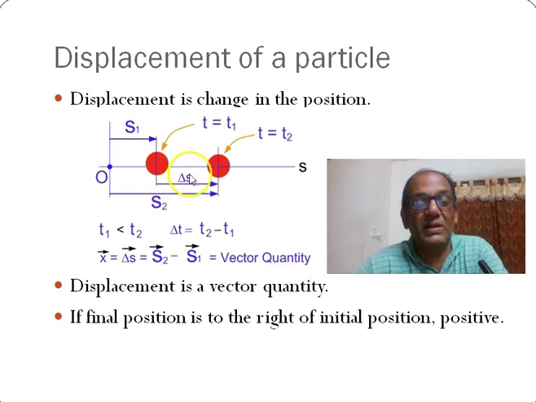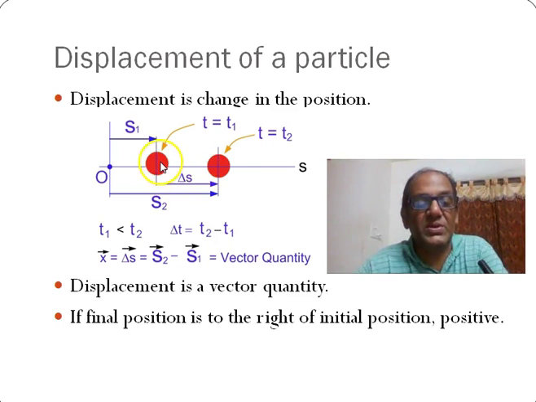If the final position, assuming that t1 is less than t2, this is the initial position, this is the final position. T is equal to t1 is the initial position, t is equal to t2 is the final position. If the final position is to the right of the initial position, we say that the displacement is positive.